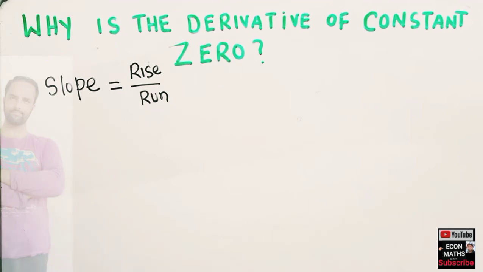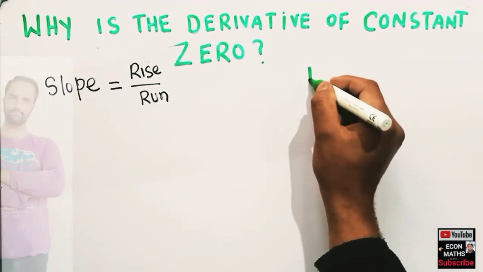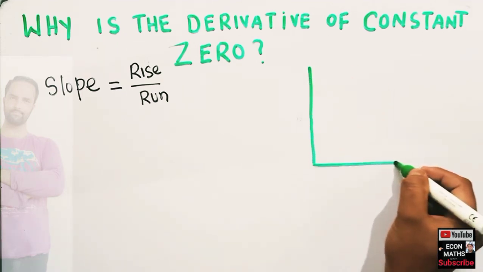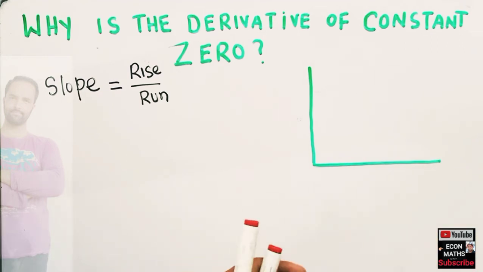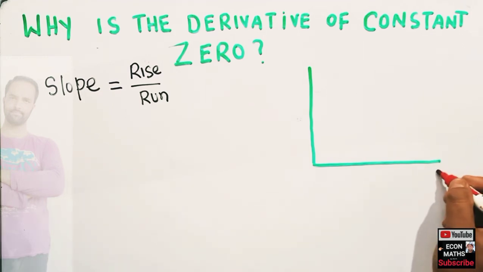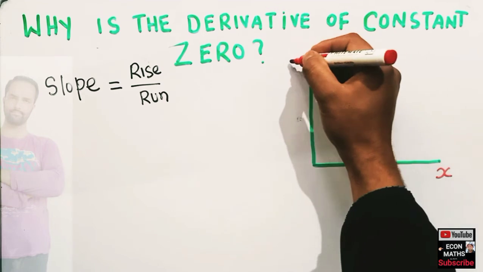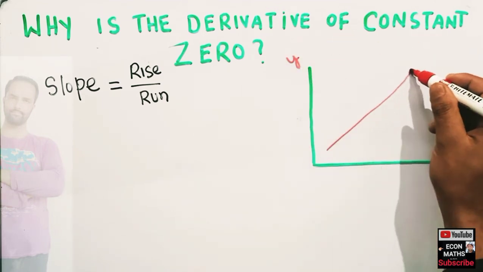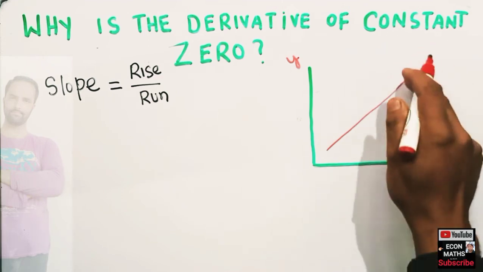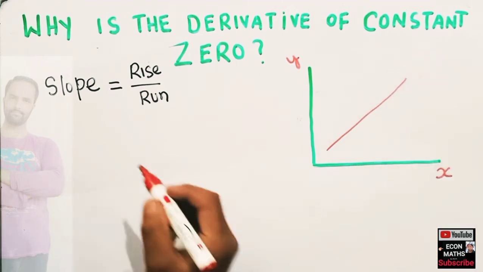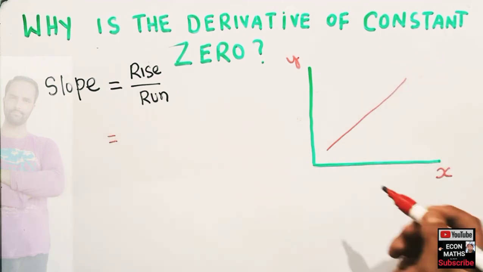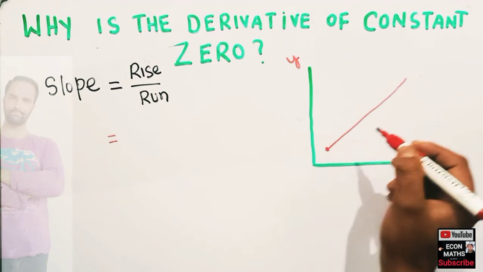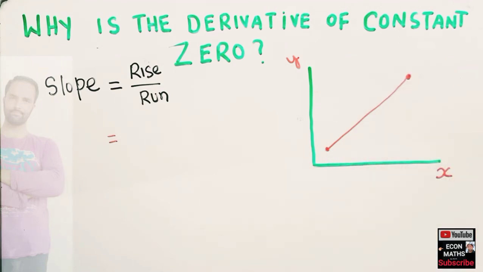It simply means if we have a graph like this, where this is the x-axis and this is our y-axis, and let us say we have a line, the slope of this line is given to us. Let us say we have 2 points, this point and this point.